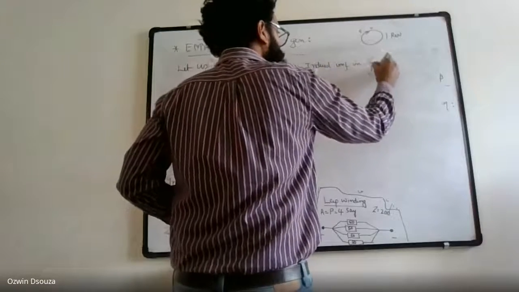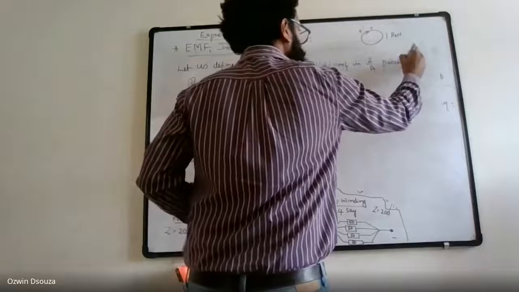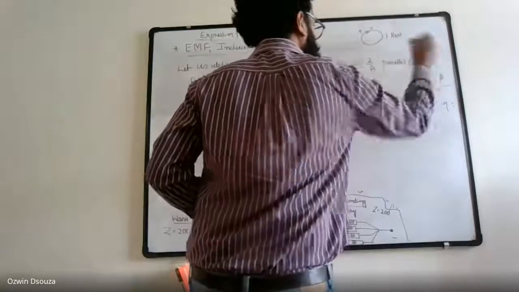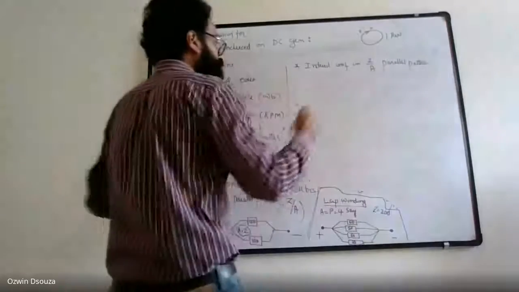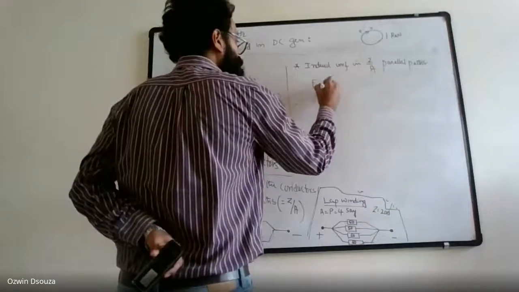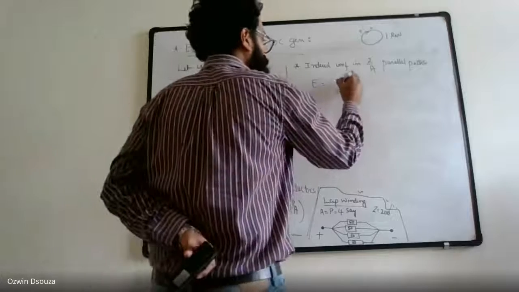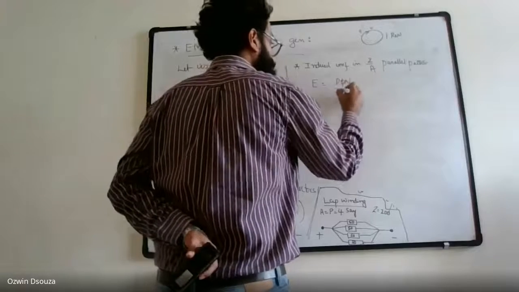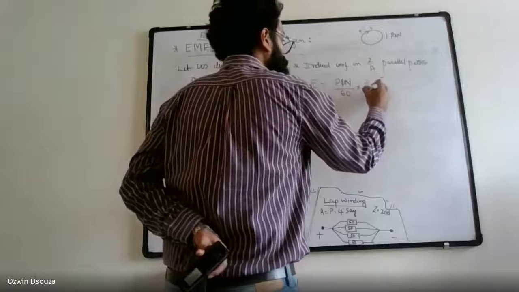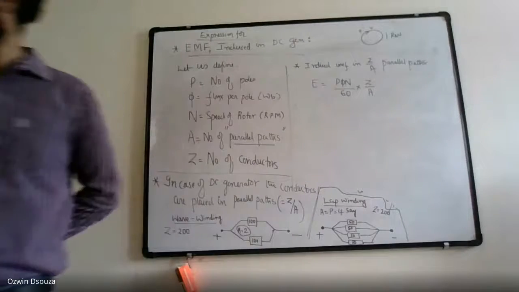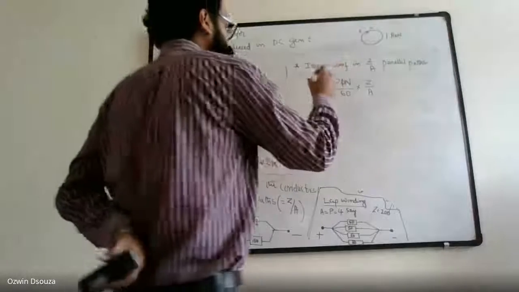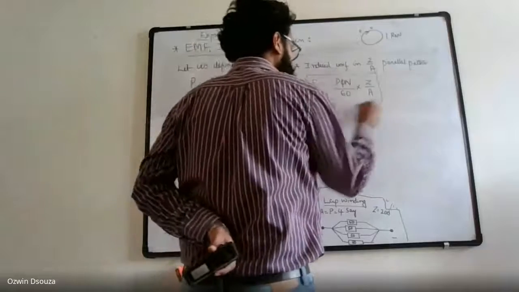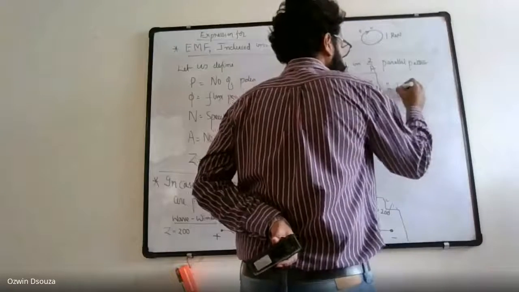The induced EMF in Z by A parallel paths is given as E is equal to P phi N divided by 60 into Z by A. P phi N divided by 60 into Z by A. So this is the expression for induced EMF.